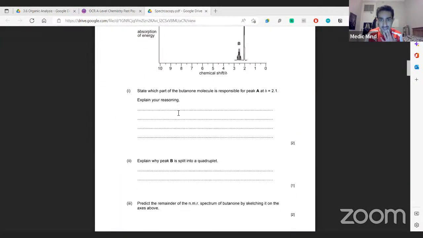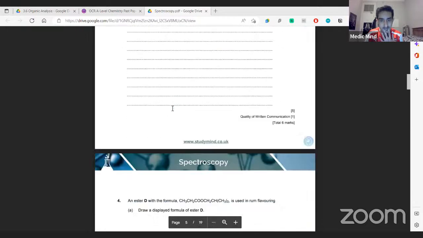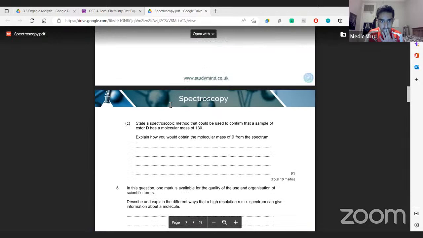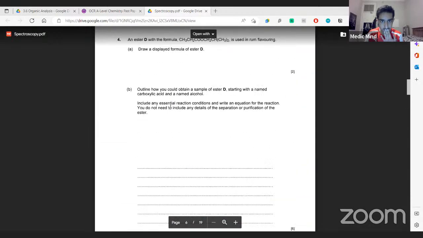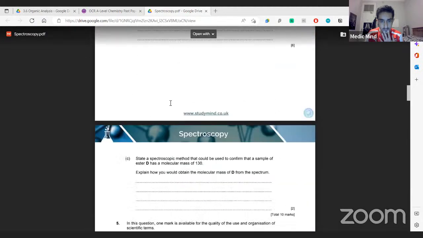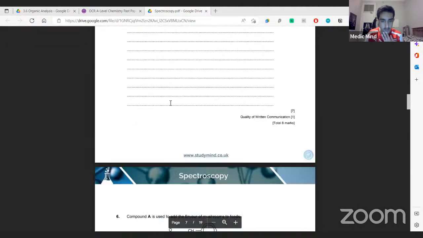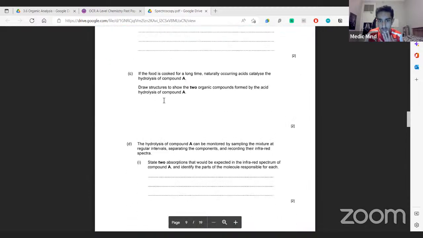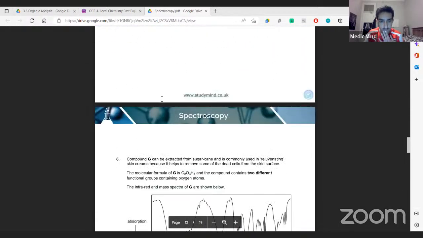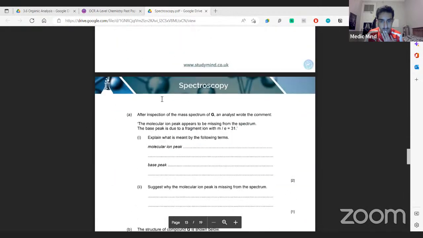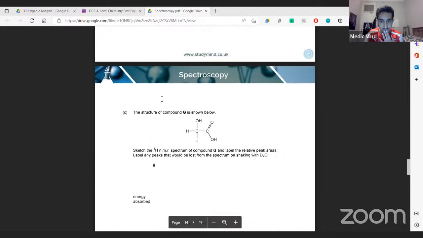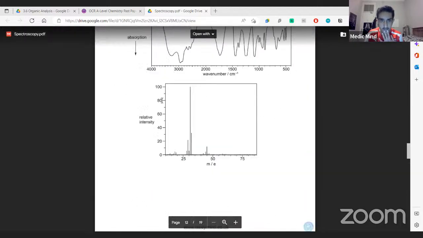Splitting patterns. Oh no, high resolution NMR. Kind of what we're talking about today. Yeah, this is a perfect question.